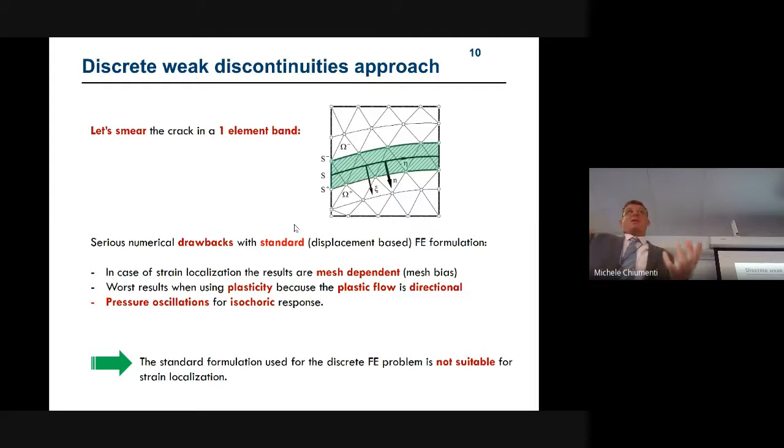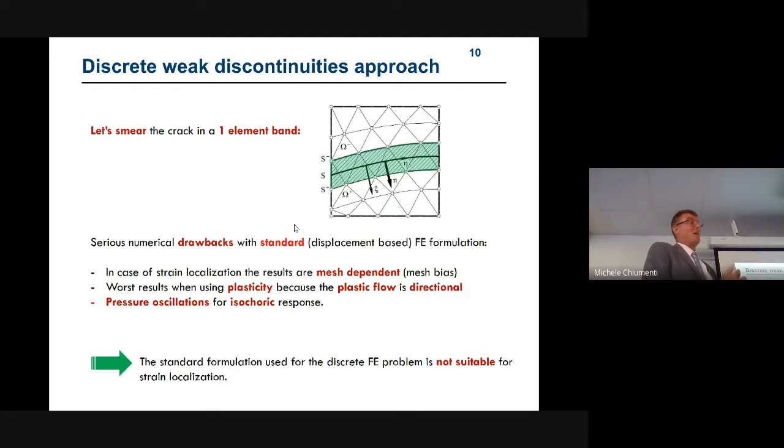Now, the problem is that if you use standard finite elements, you use this kind of discretization, you run a simulation increasing the loading, you end up with two big problems. One is the mesh dependency of the solution.